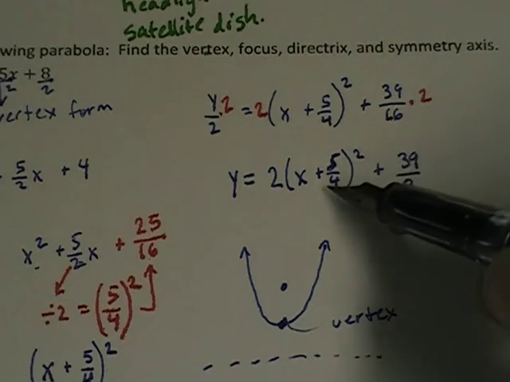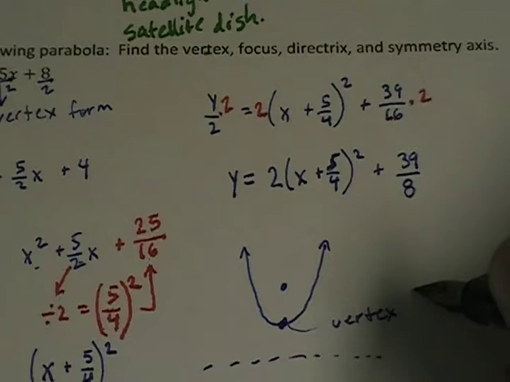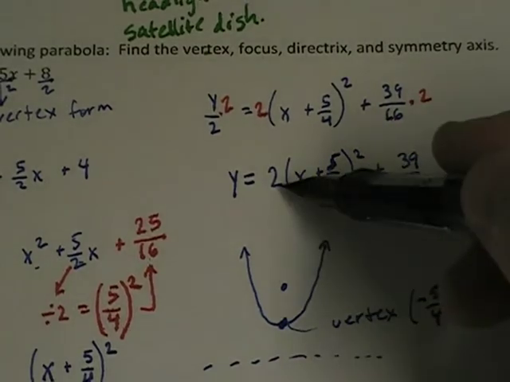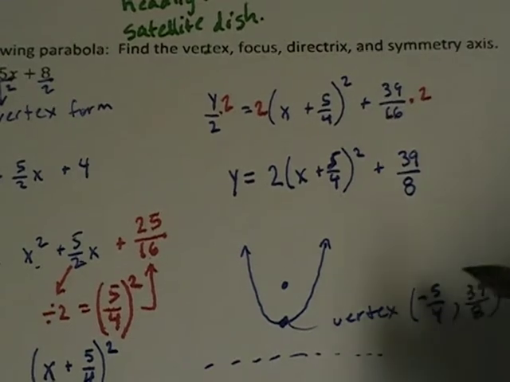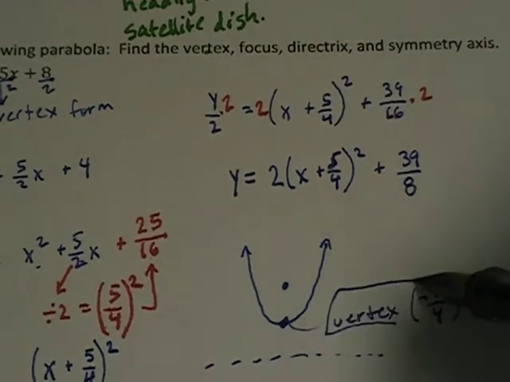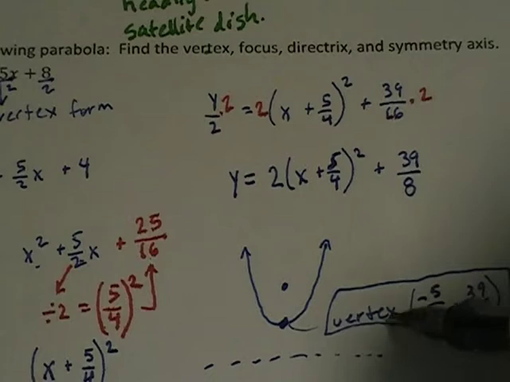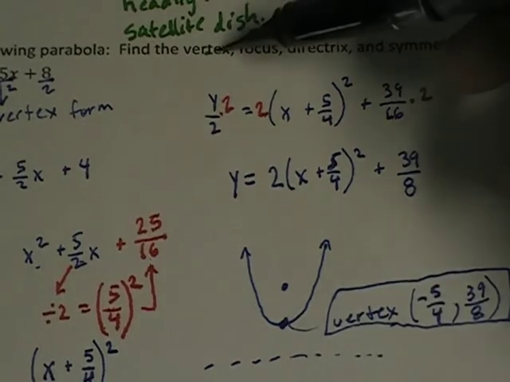This shifts the function to the left, so the vertex will be negative 5/4, left, and up, comma 39/8. That is your vertex. There's your first question answered.